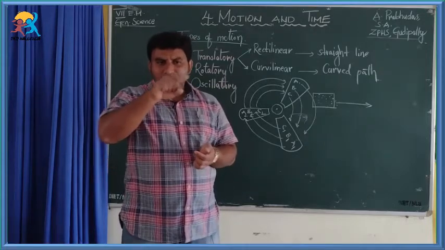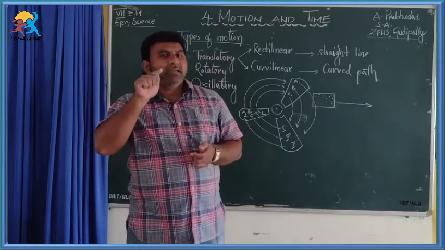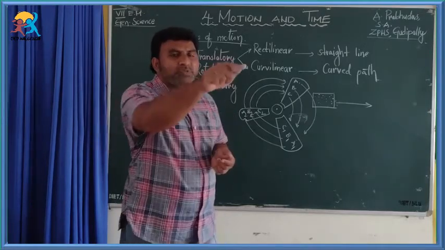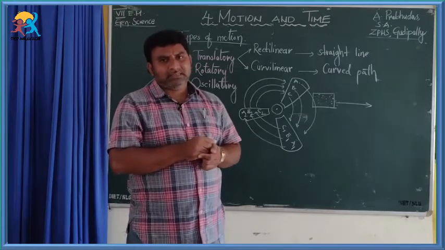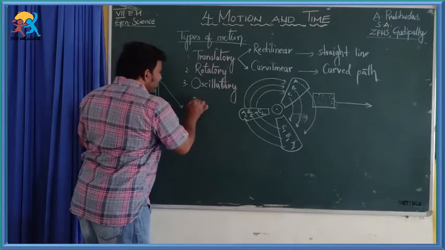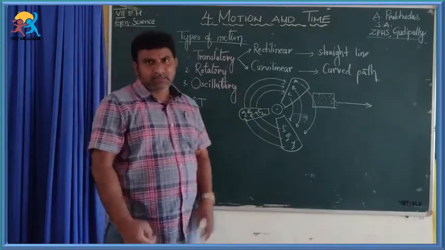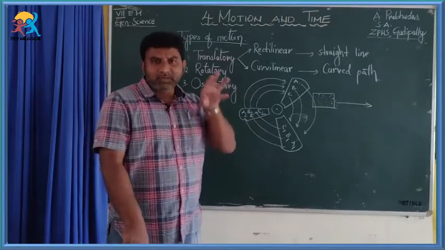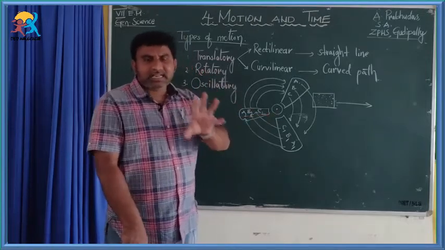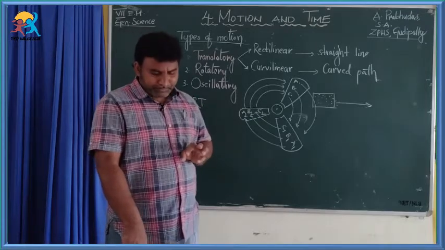One, the bit rotates, and at the same time it moves in the forward direction. So, it has both rotatory motion and translatory motion. An object can have both rotatory and translatory motions at the same time.